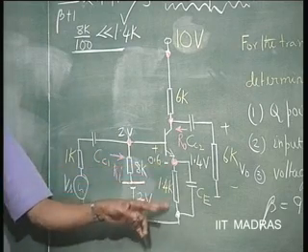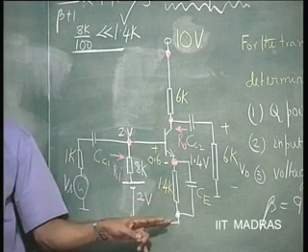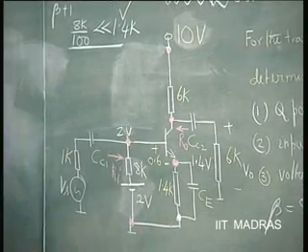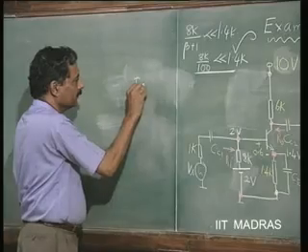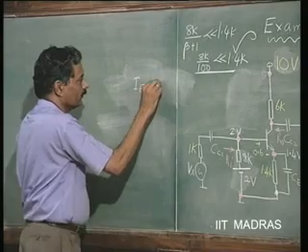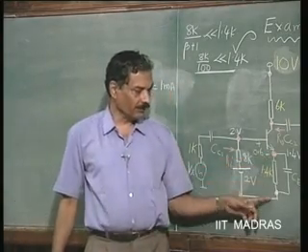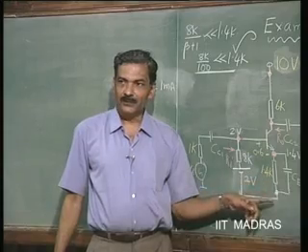So, 1.4 volts across 1.4K gives a current of 1 milliampere. So, we know that IEQ is equal to 1 milliampere, because we have 1.4 volts across 1.4K.